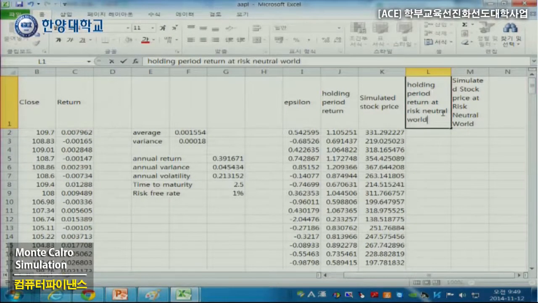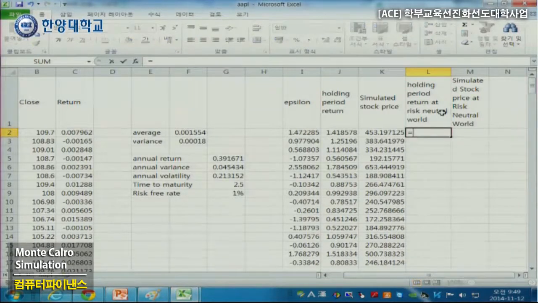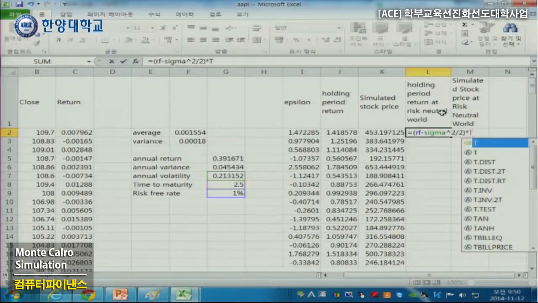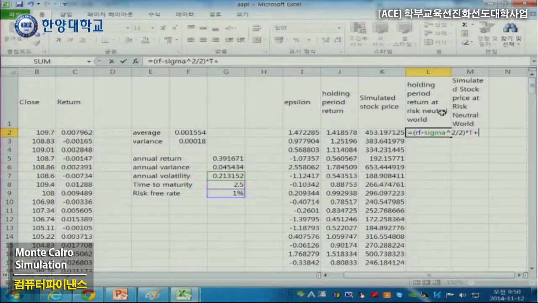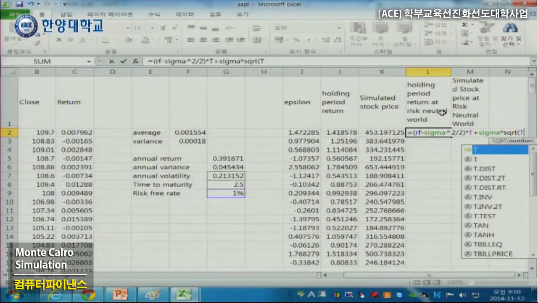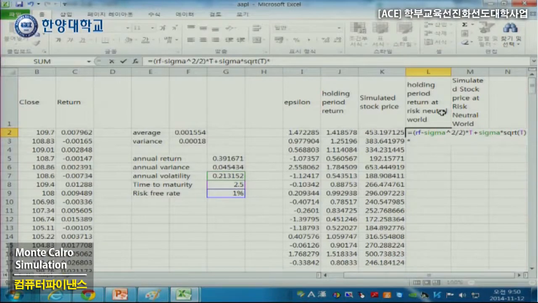Expected return should now be RF minus sigma squared divided by 2, multiplied by T, plus sigma root T and then epsilon.